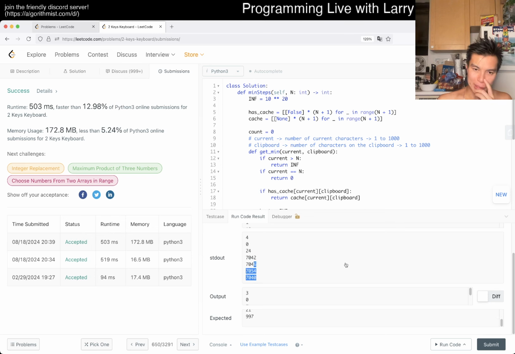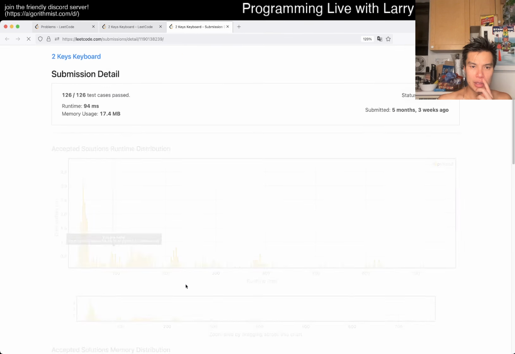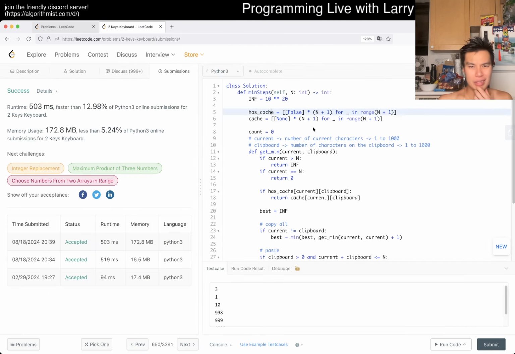I mean, this does not disprove n log n. It's definitely not n squared. But it still feels a little bit slow for n log n. I don't know. Why is this a little bit faster? And why is this so much faster? Maybe it's just because, I don't know.